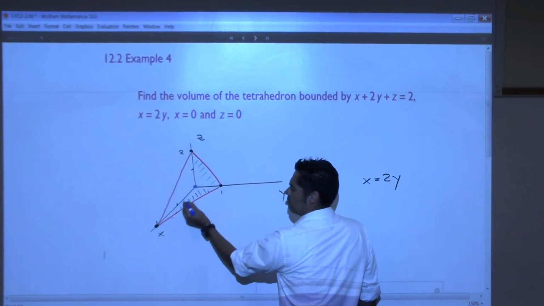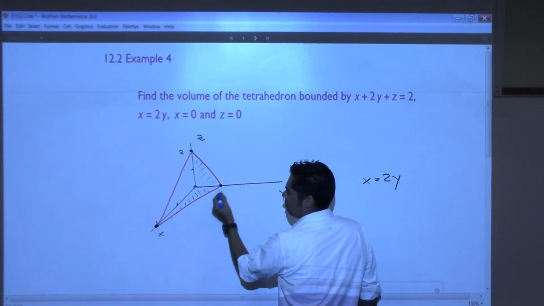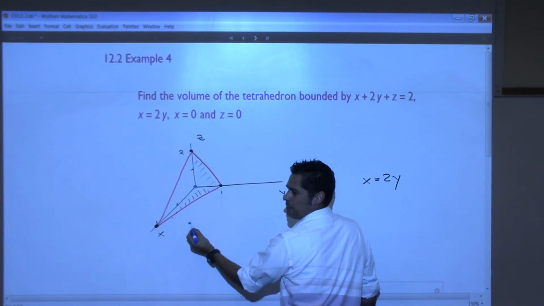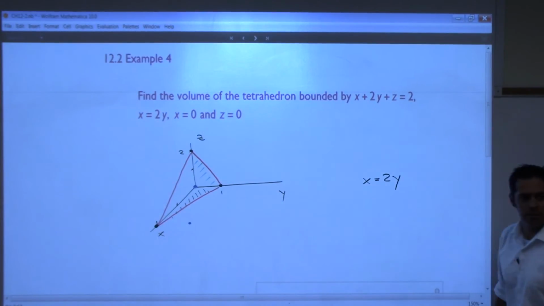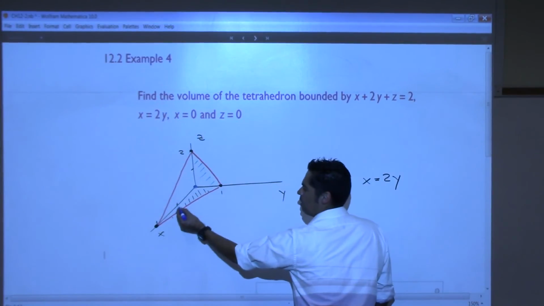Y is 1, I think somewhere around here, right? Do y'all agree? Do y'all see that? 1/2 and 1 would have worked. I'm sorry. No. 1 and 1/2 would have worked. Right? That would have been 1 and 1/2.